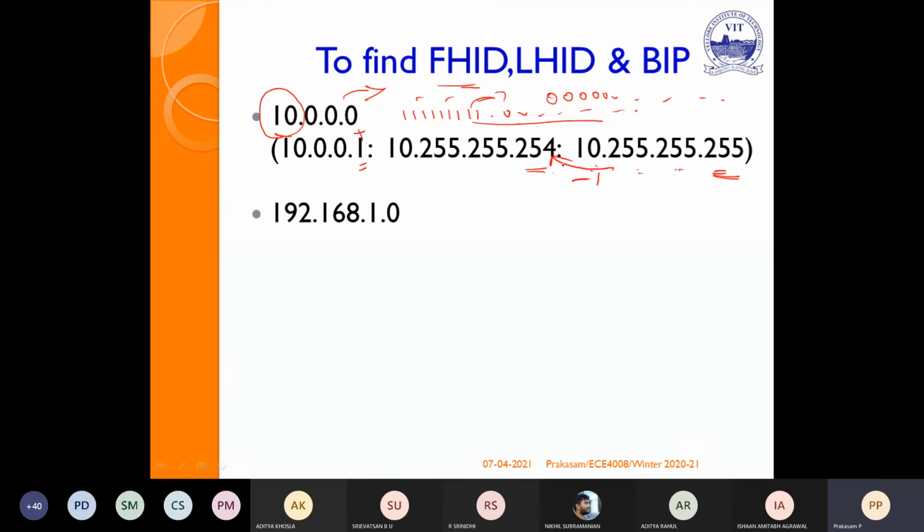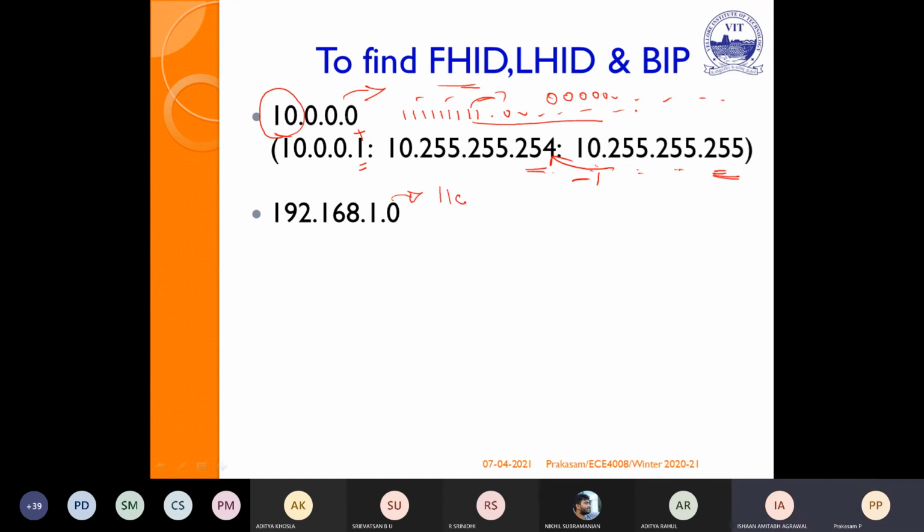Similarly for the next problem, convert this into binary. What is the binary for 192? Anyone can tell? 11 followed by 6 zeros.